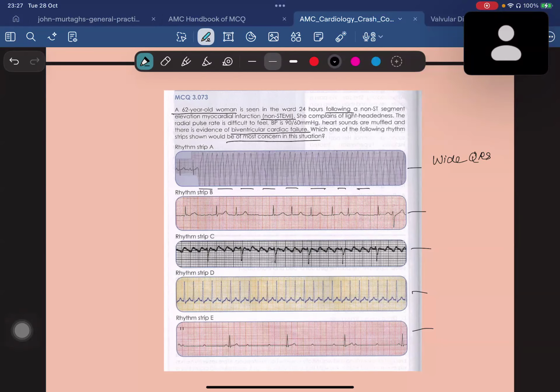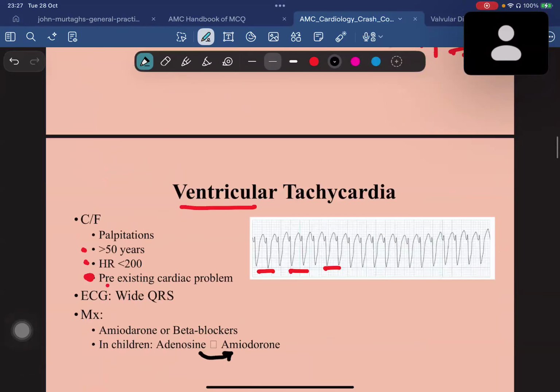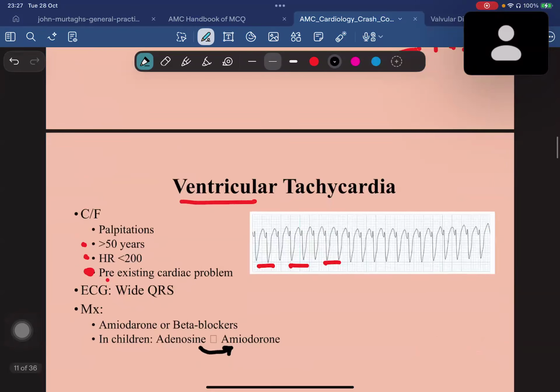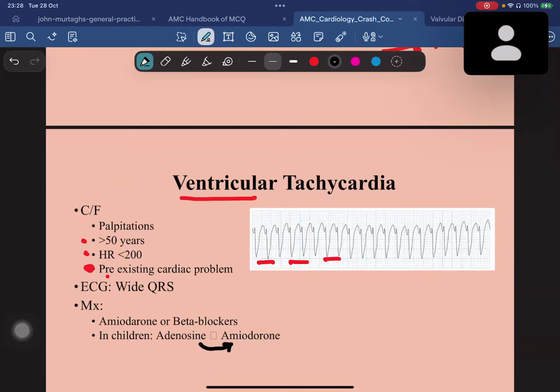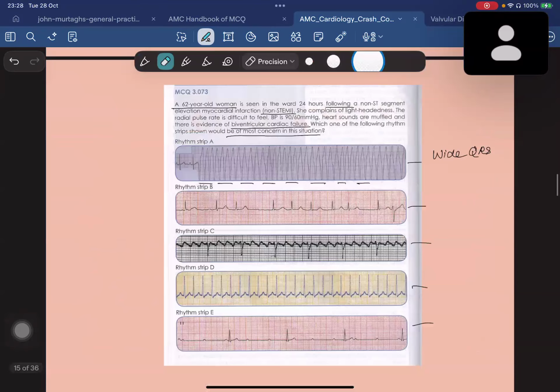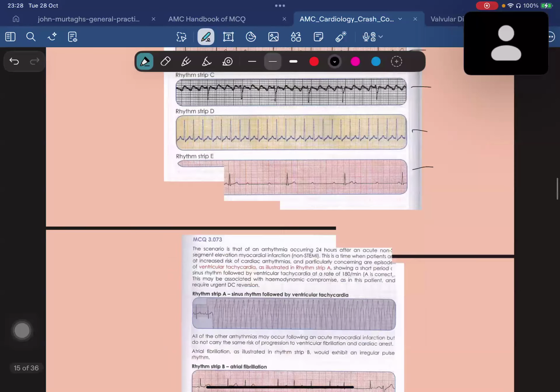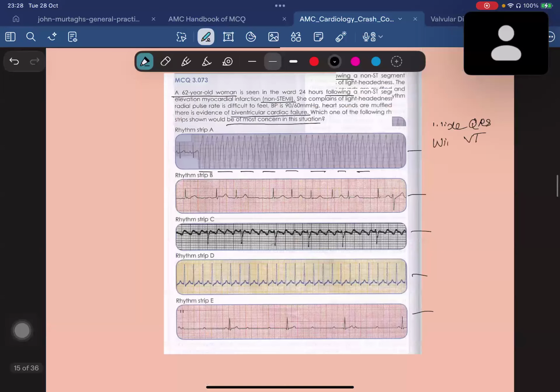And I would quickly think of my notes and ask, where did I see wide QRS? With the age and the history, I would think this is VT.